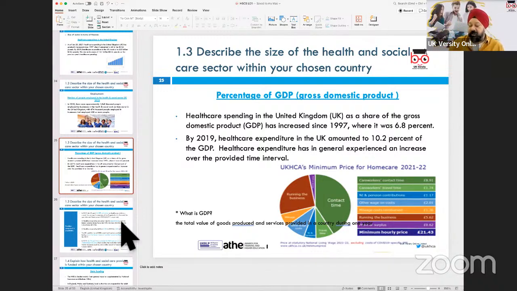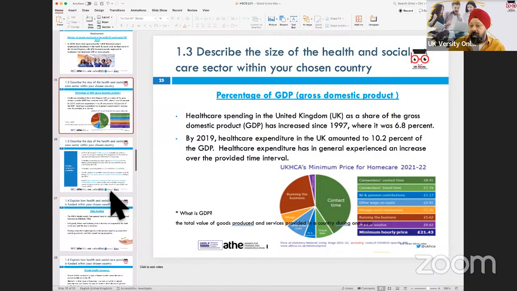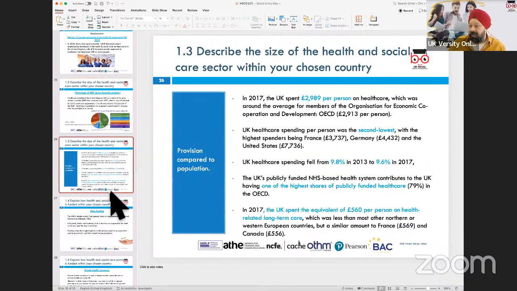If you have your NHS number and your MFT login, you're able to put your NHS number in, your date of birth in, and get reports and all such forms of data that you need without having to contact your surgery. That is being made possible because there has been budget deployed and a centralized IT system created across the National Health Service. That is something we would need to understand when we talk about the size of the health and social care sector in your chosen country, which is England.